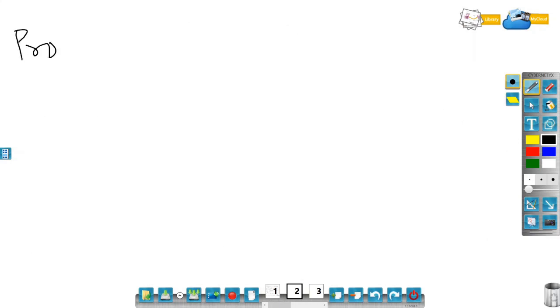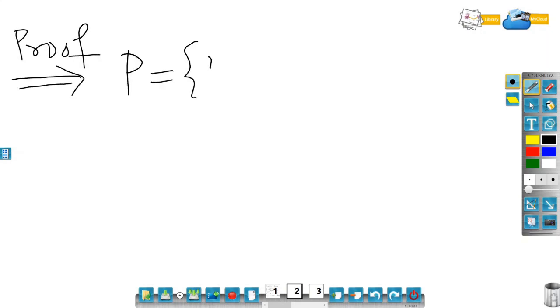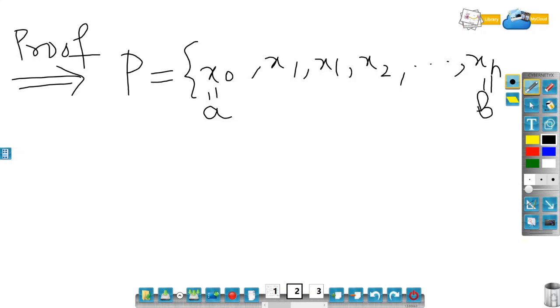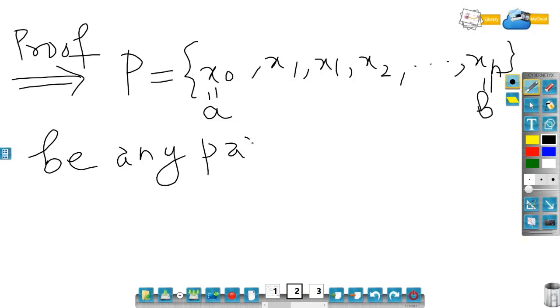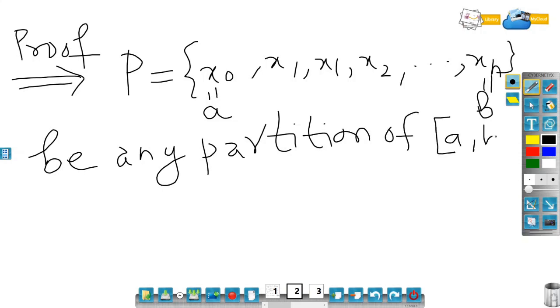Proof. So P is any partition of the closed interval [a, b]. So let's take P as x0, which is a, x1, x2, dot dot dot xn, which is equal to b. Generally I write a is equal to x0, but anyway it doesn't matter as such. Be any partition of the closed interval [a, b].